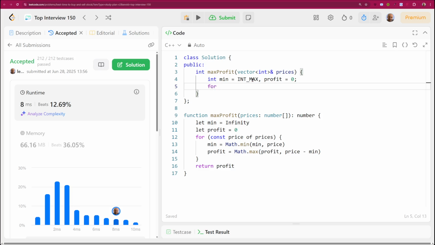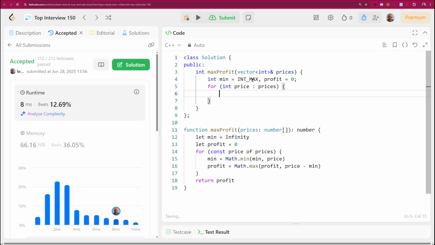For price of prices. Actually I could do int price of prices, and then min would be the minimum. Oh, that is not nice.